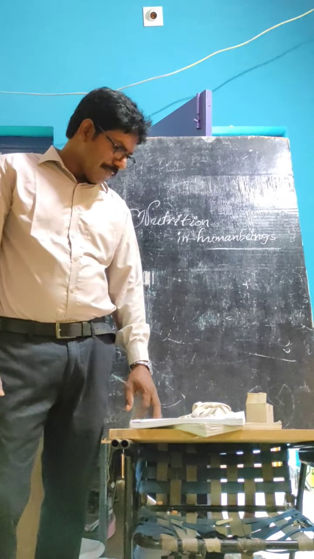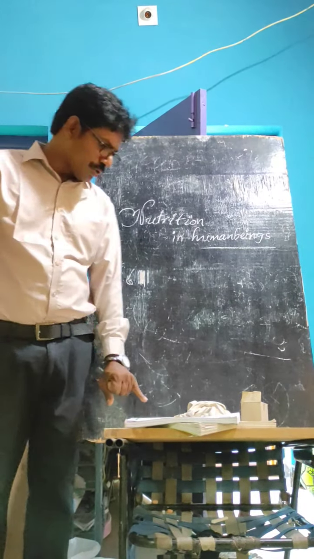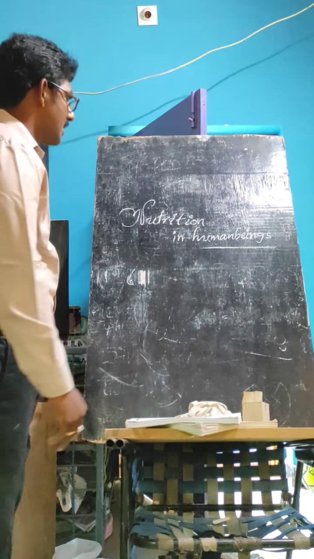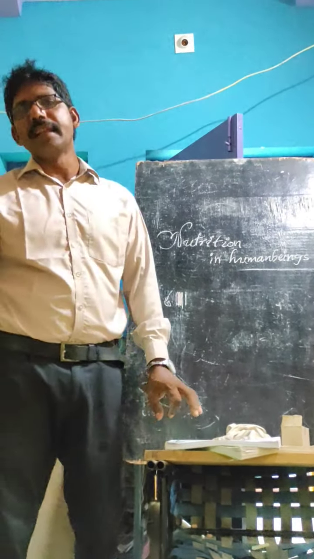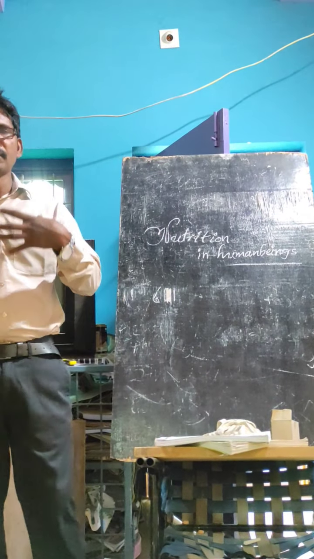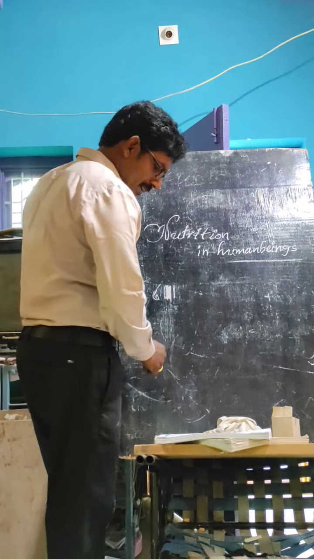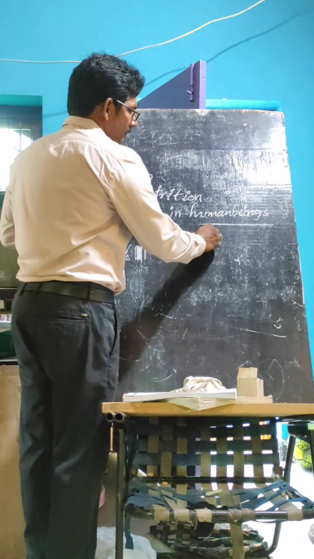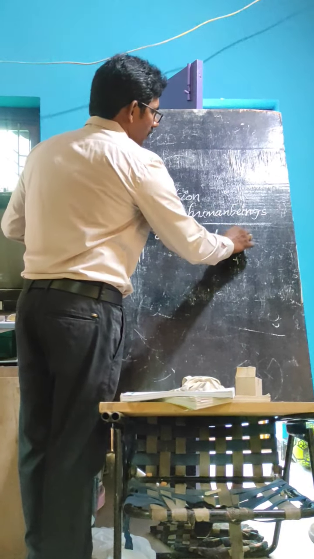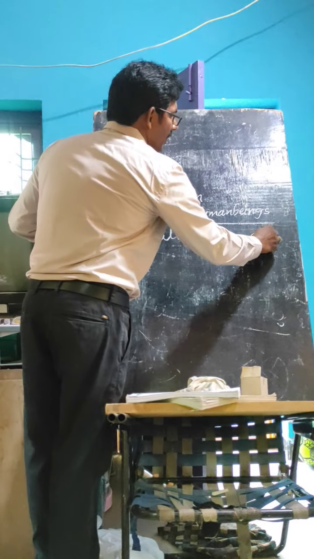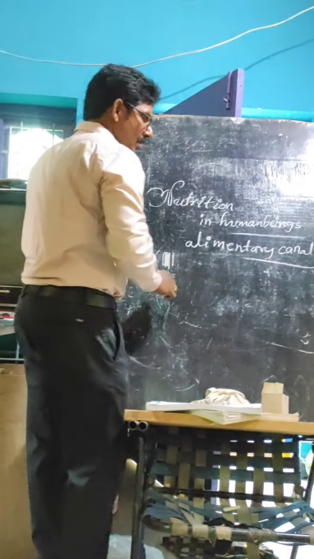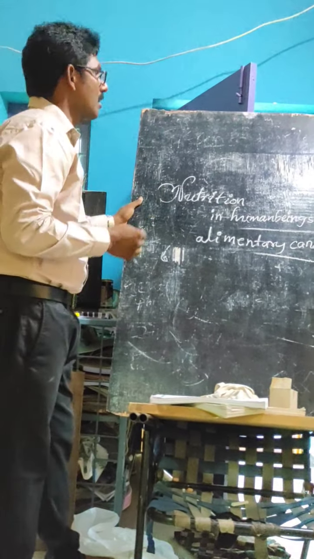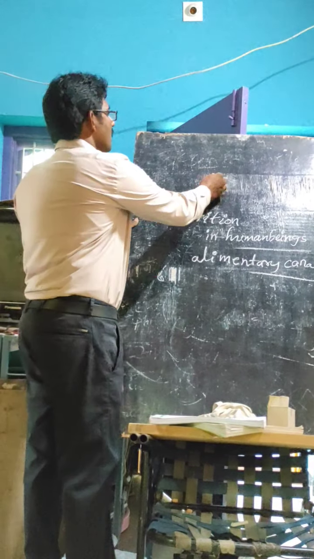The alimentary canal is basically a long tube extending from the mouth to the anus. Our digestive system is also called the alimentary canal. So it's a tube-like portion.